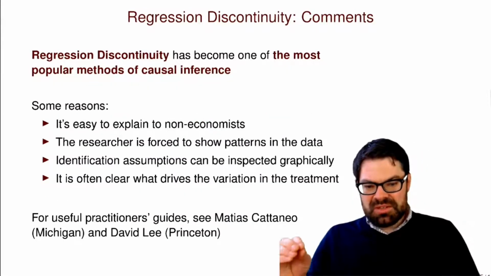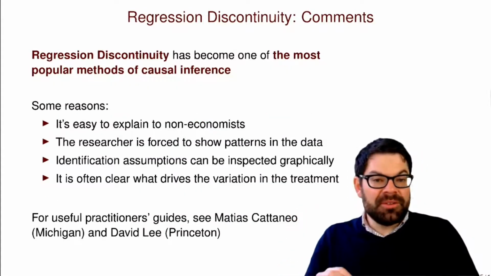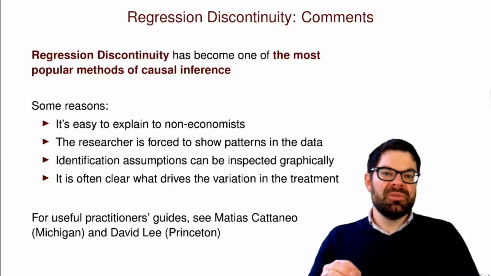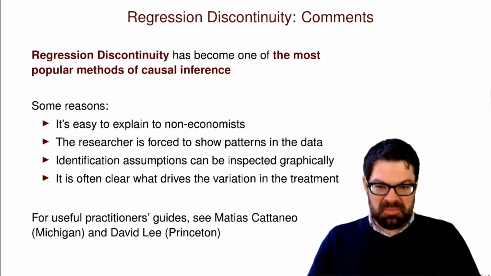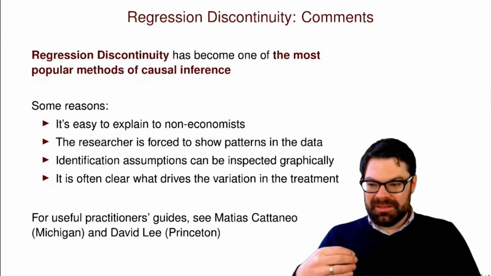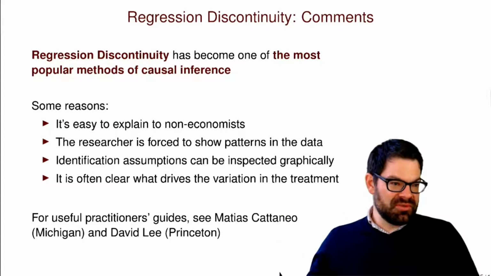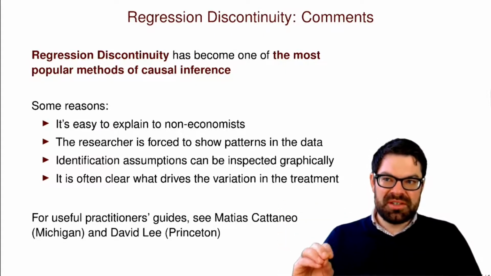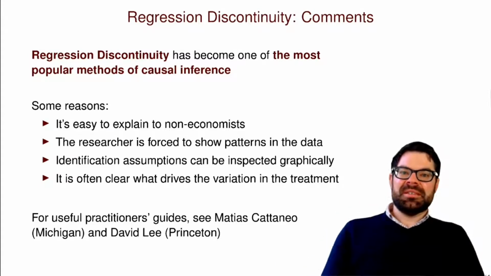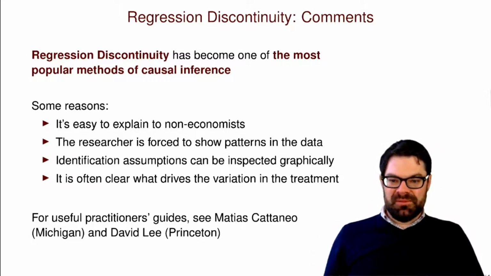This is what you need to figure out yourself when you write an RD paper. The basic idea hasn't changed in 20 years, but what has changed is the standard of evidence that you need to bring to make this convincing.